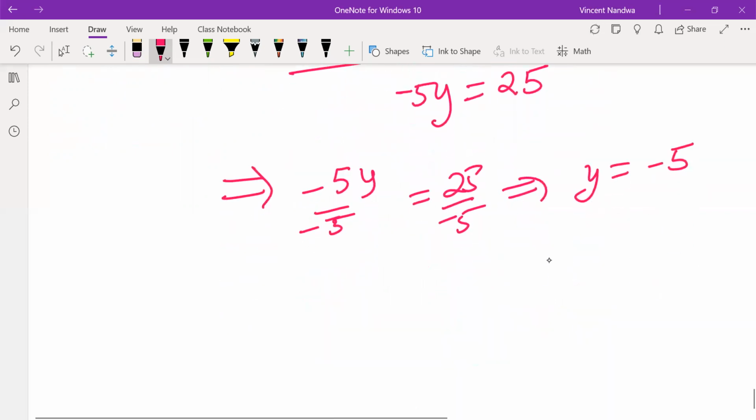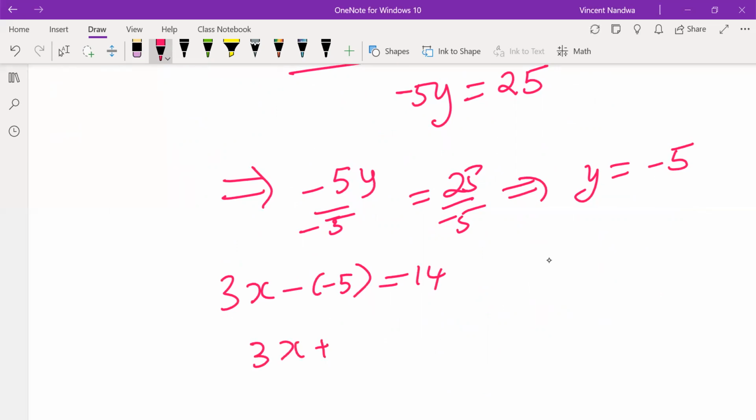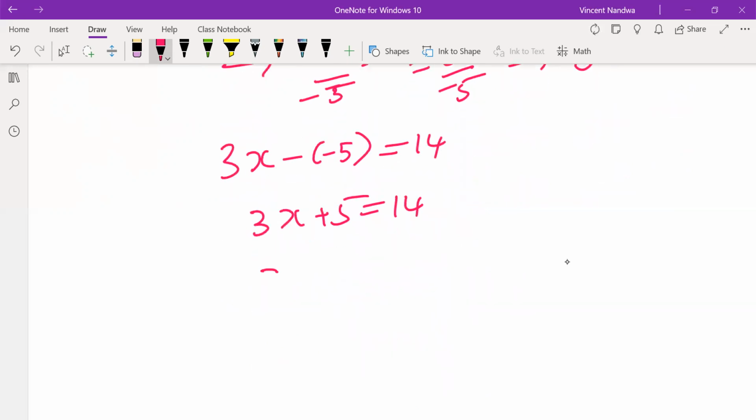And once you have the answer for y, then using the first equation, we'll have 3w minus y equals 14, so 3w plus 5 equals 14.